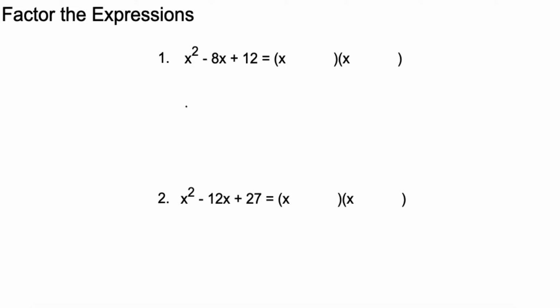And then we are going to use the pattern that we learned about in class today. We're going to have some number plus another number equal to -8. So the b term is the addition, and the c term is the product of the same two numbers.